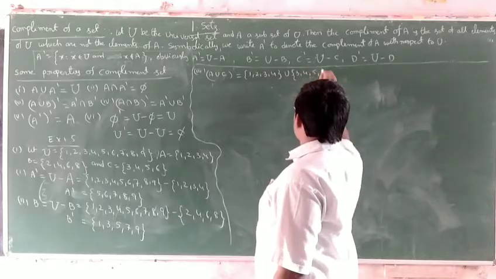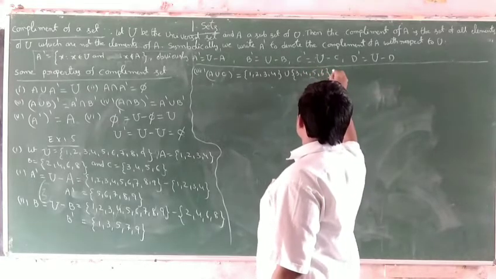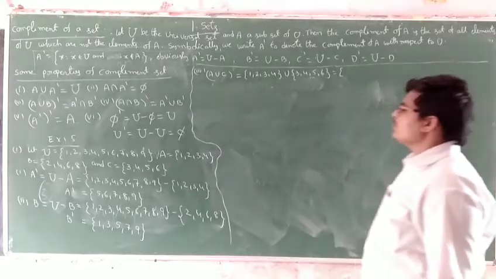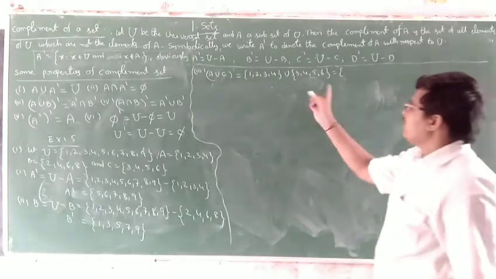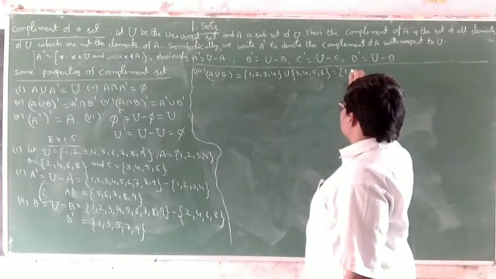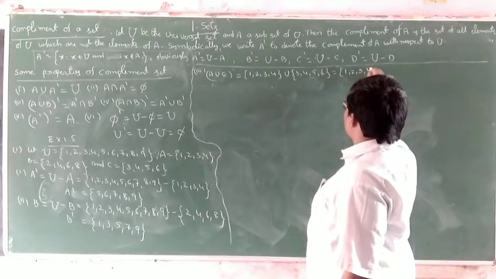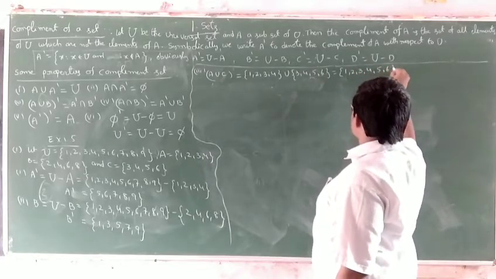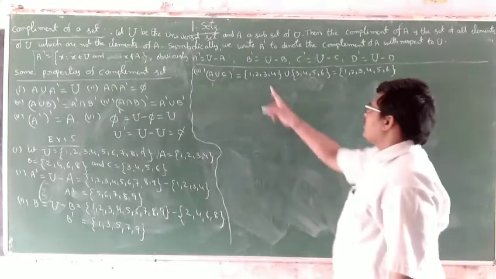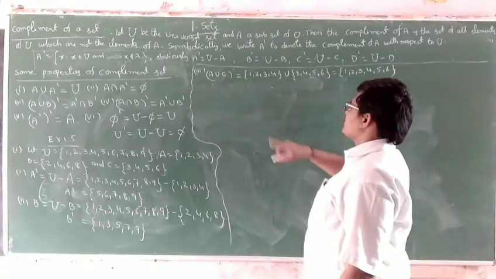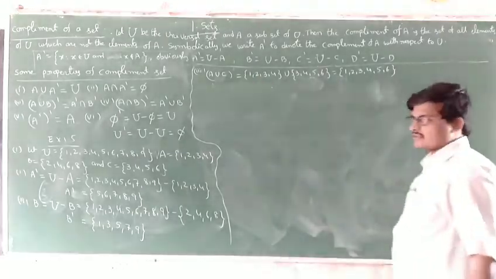So what is the union? Union means all elements: 1, 2, 3, 4, 5, 6. All elements will combine.